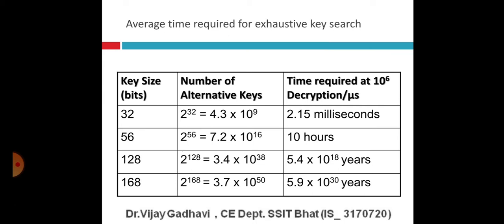If the key size is 56 bits, it takes 10 hours. For a 128-bit key size, it is 5.4 times 10^18 years, and for 168 bits you can see 5.9 times 10^30 years. This is the average time required for exhaustive key search. That means as the number of bits increases, so does the time.